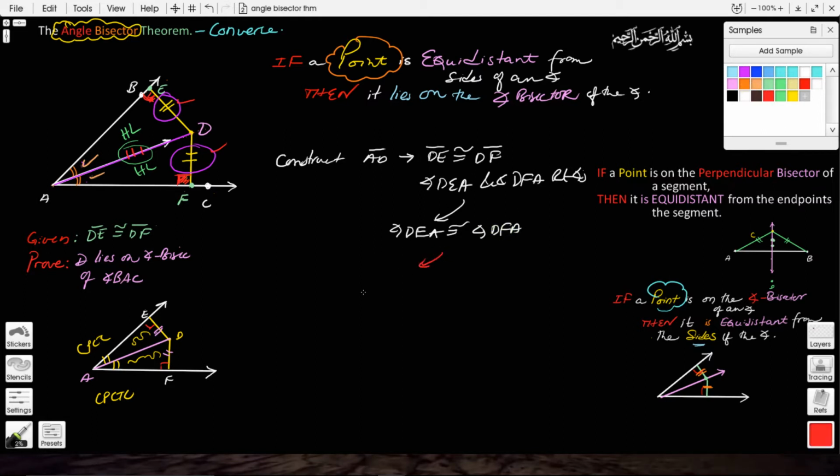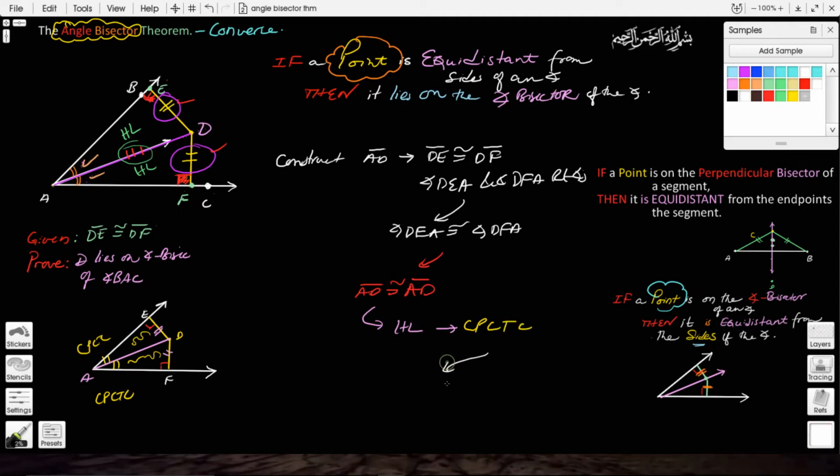Then we can say that AD is congruent to AD because of the reflexive property. And then we use hypotenuse leg, and from there we use CPCTC: corresponding parts of congruent triangles are congruent.